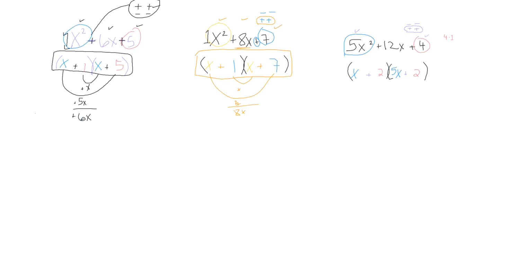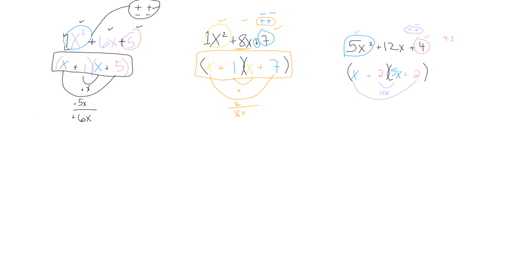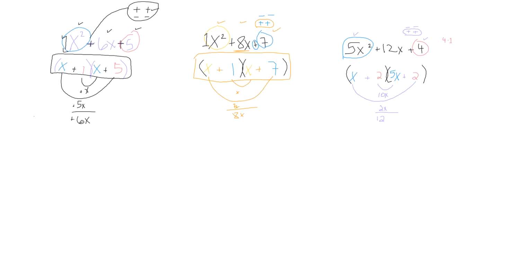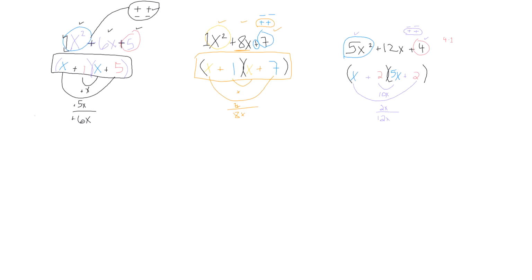And I'm going to check my middles because that's likely where I would have a problem. 2 times 5x is 10x. And 2 times x is 2x. Gives me 12x. So I'm good there too.